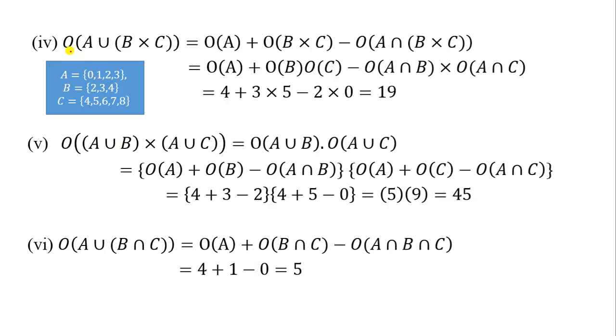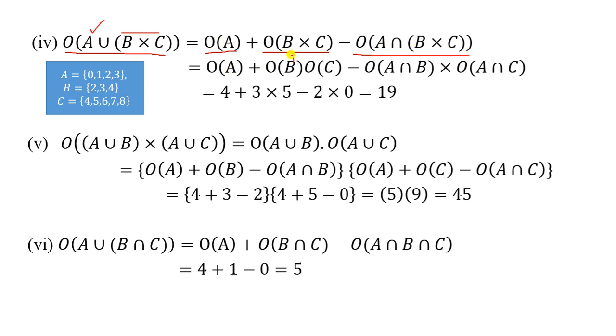Next we have how many elements are there in the union of A and the product of B and C. So here you will use the sum rule again: the number of elements in A plus the number of elements in the product of B and C minus the number of elements in the intersection of A and the product of B and C. So A will remain the same.